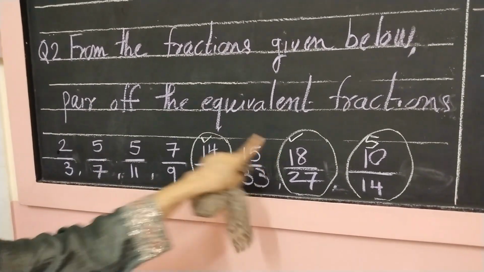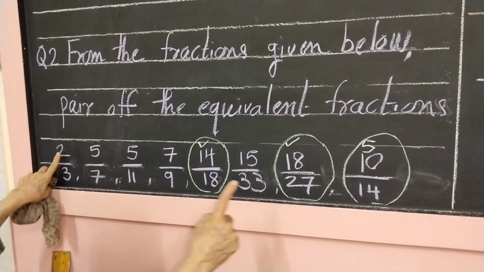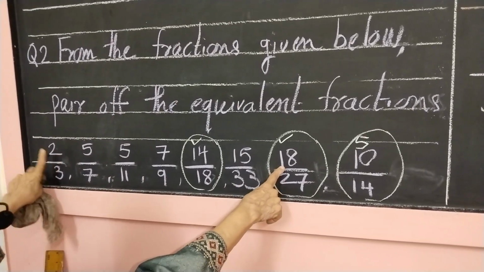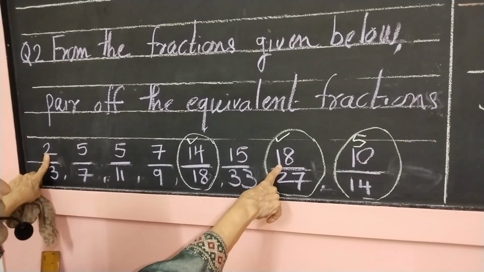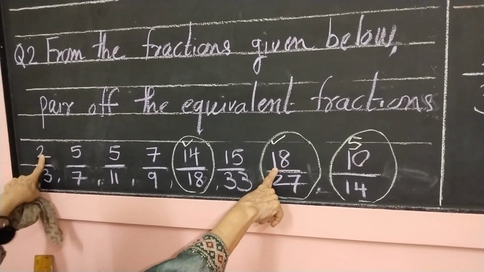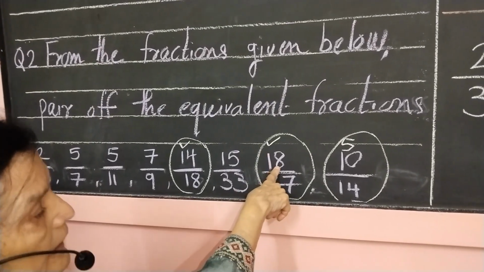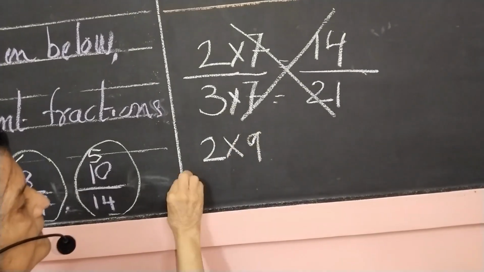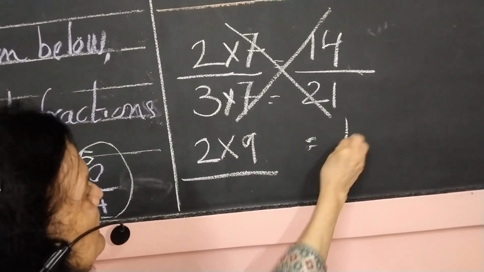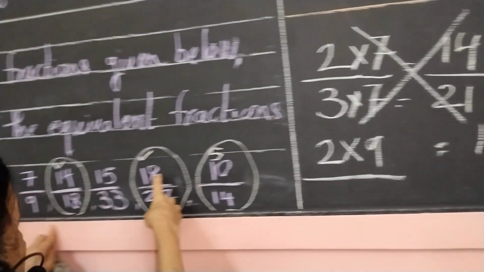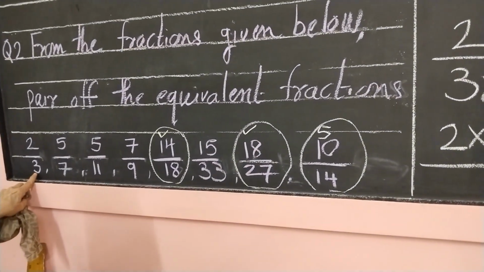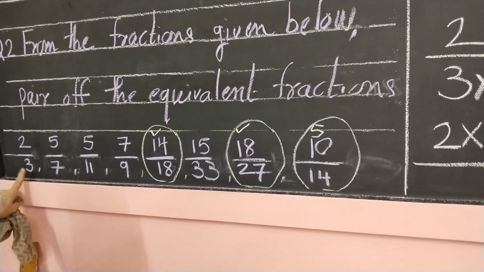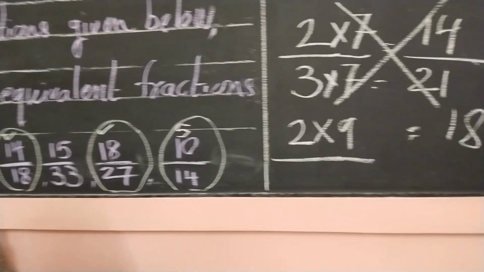Now we go to the next one. For arriving at 18, when 2 is given here, we will have to multiply 2 by 9 to arrive at 18, right? But immediately we will have to multiply the denominator also by 9.